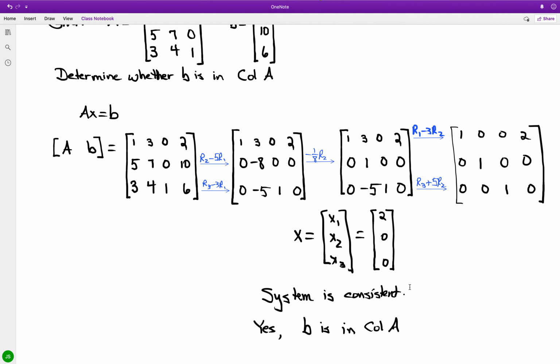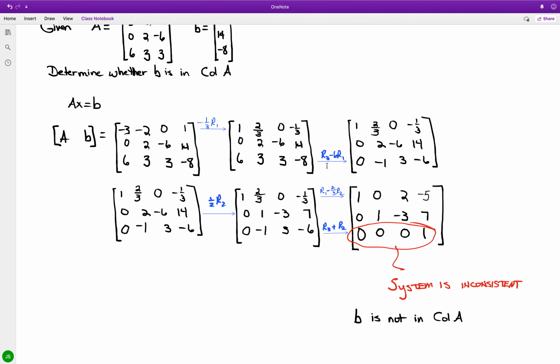Taking Ax = b and writing it in augmented matrix form, upon going through all the steps, we take negative 1/3 of the first row, then take the third row and deduct 6 times the first row elements, and then take half of the second row elements.